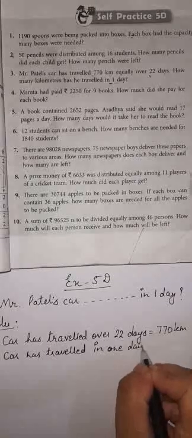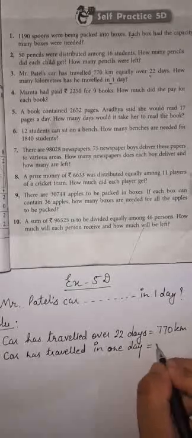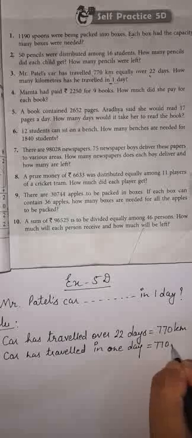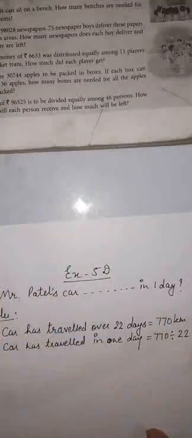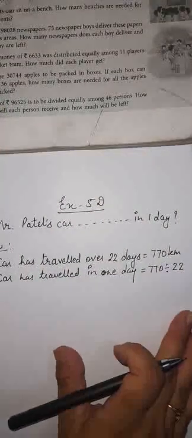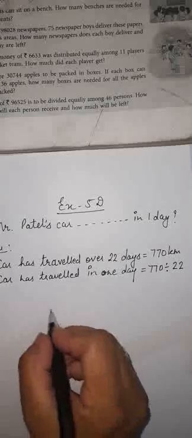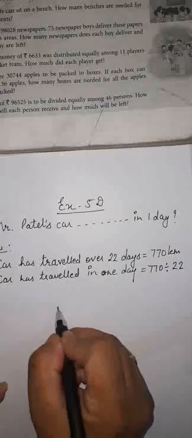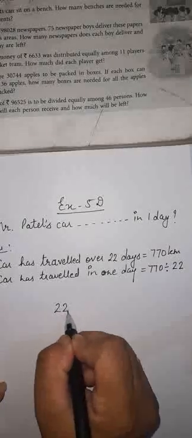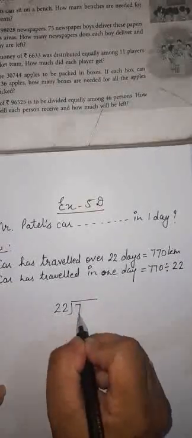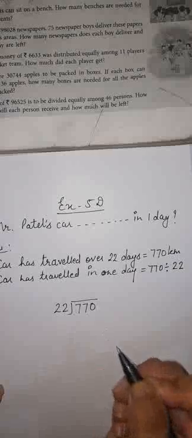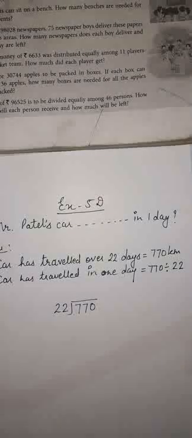Okay, one day is equal to 770 divided by 22. Now we will solve it here. Okay, in division bracket. So first of all I'll write here 22, then bracket, inside the bracket I'll write 770. Fine children, now recite the table of 22.